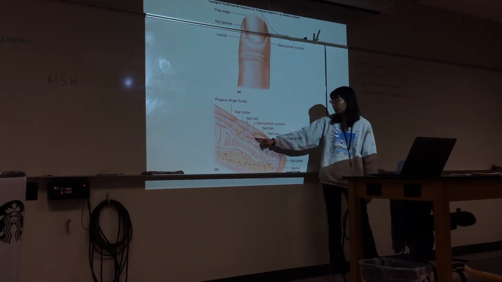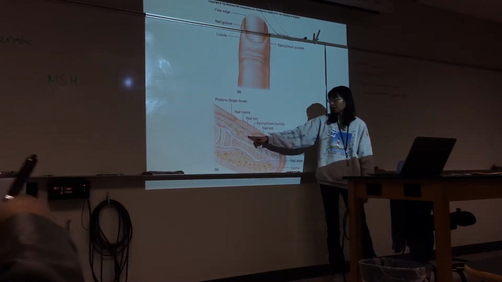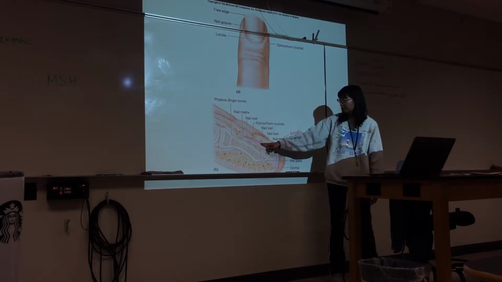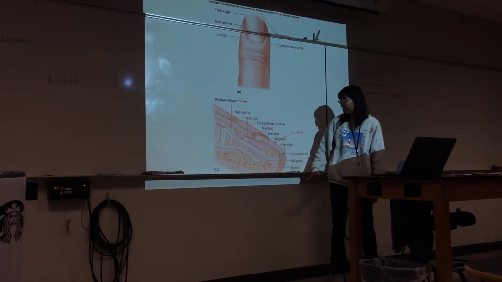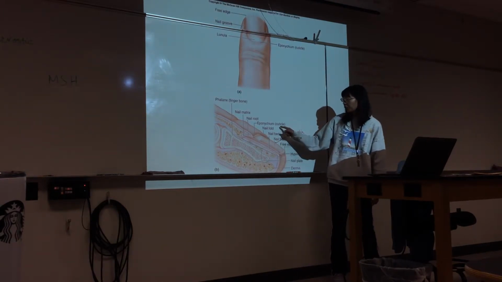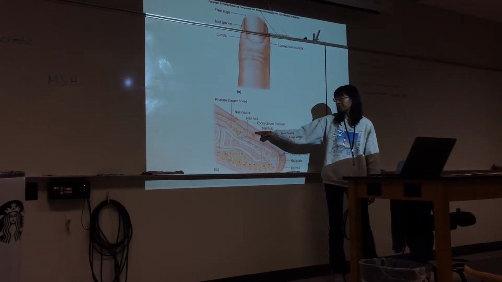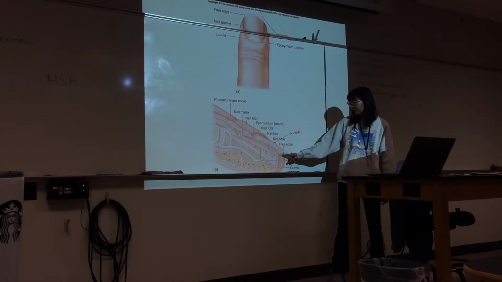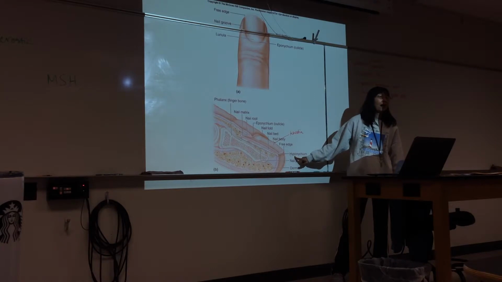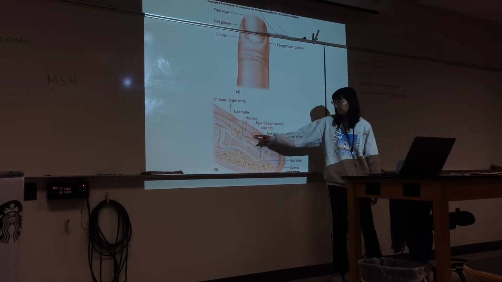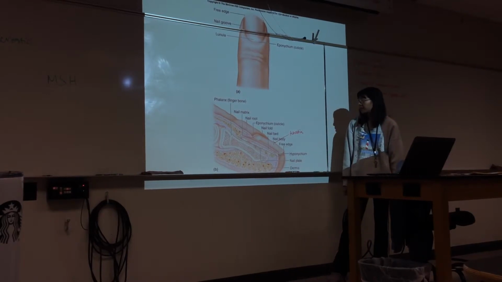The nail root is where the nail grows. Nail grows all the time, so you gotta clip all the time. The skin around your nail is the cuticle, or eponychium, and below is the skin called hyponychium.